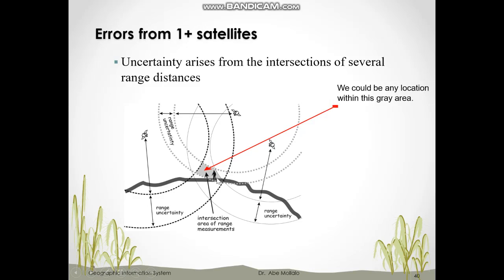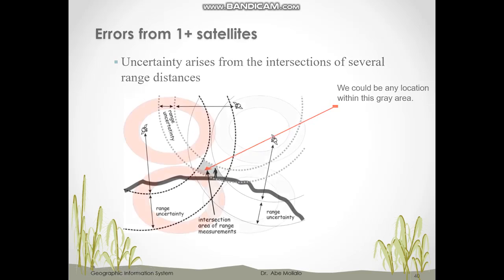If we also add the fourth satellite, the intersection is not going to be just one location. The intersection is going to be an area because of the uncertainty, and the receiver can be at any location within this shaded area. So that's the GPS error from more than one satellite.